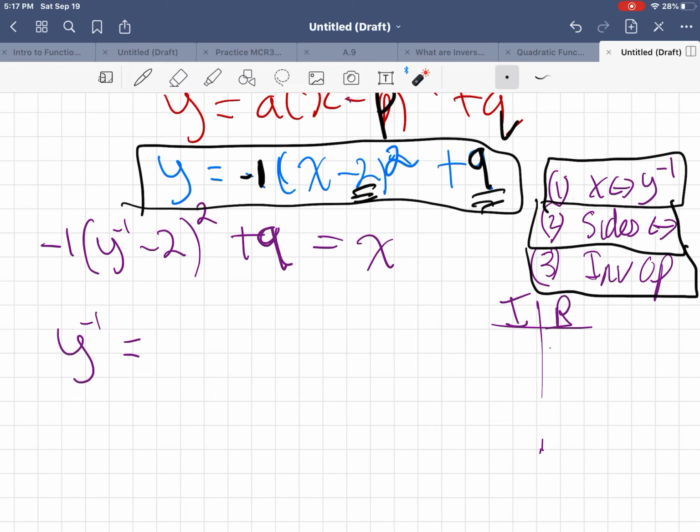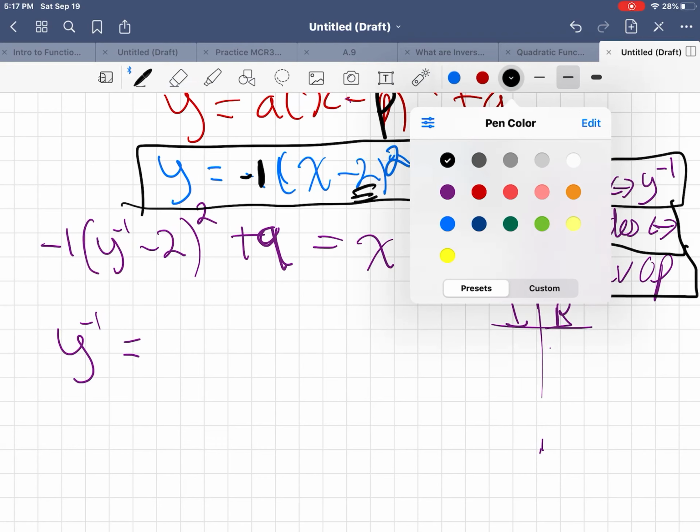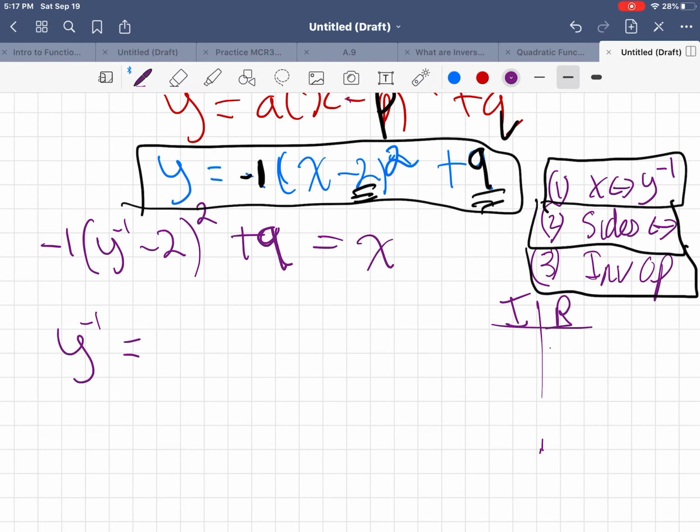Next thing I want to do is isolate for this y inverse. I have to do that by looking at BEDMAS and inverse. So if I look, what's the first thing that's going to happen to y inverse? Minus 2. What would the next thing be? Squaring. What would the next thing be? Multiplying by negative 1, and finally adding 9.